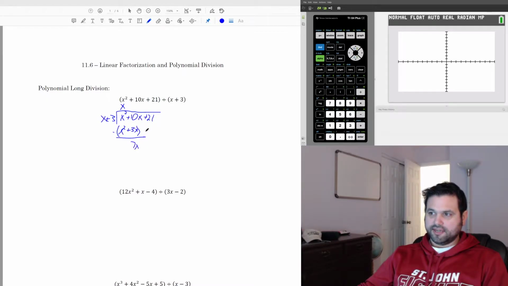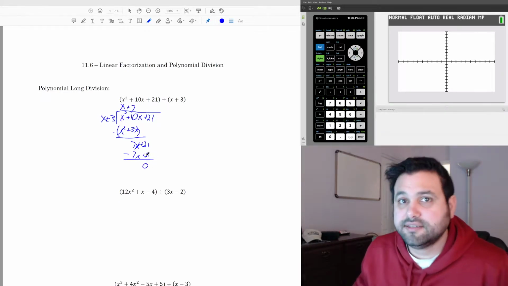And then we want to bring down the rest of the problem. And so again, look at the variable, look at the first term part. That's an x, by the way. How am I going to make this x a 7x? Well, I'd have to multiply it by a positive 7. Okay, and then go ahead and multiply it. So 7x plus 21, and we subtract. And there's our remainder.